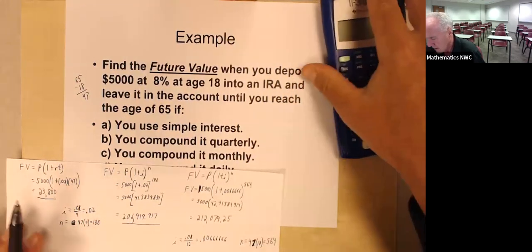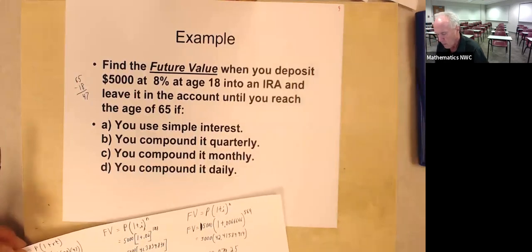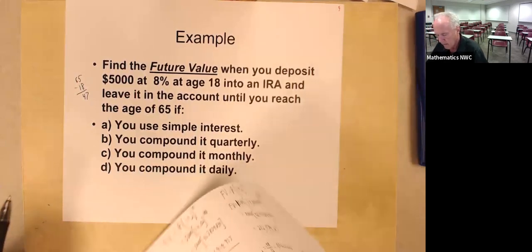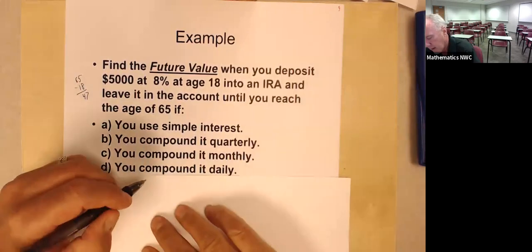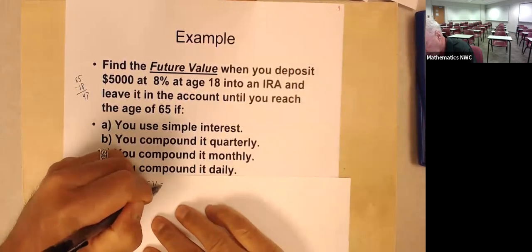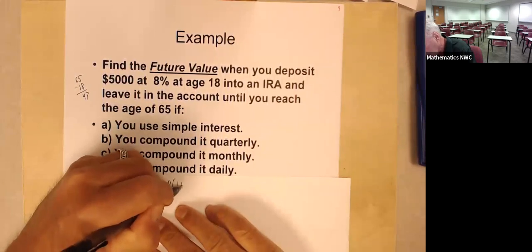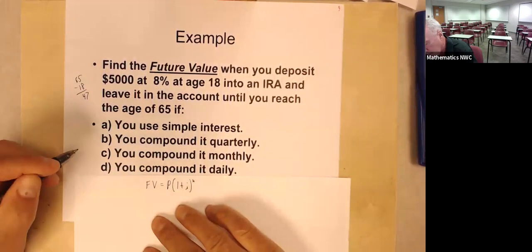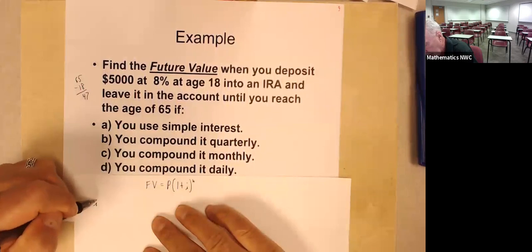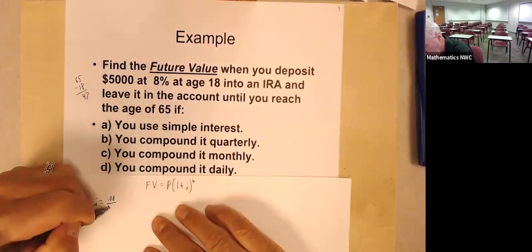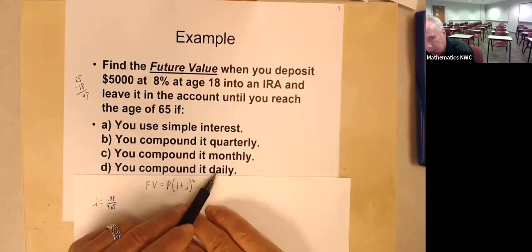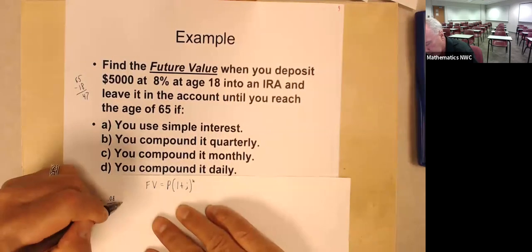Finally, if we were to do it daily, I would have my future value. It would be the principal, 1 plus I raised to the nth. My I is going to be the annual rate divided by 365, because it's compounded daily, divided by 365.